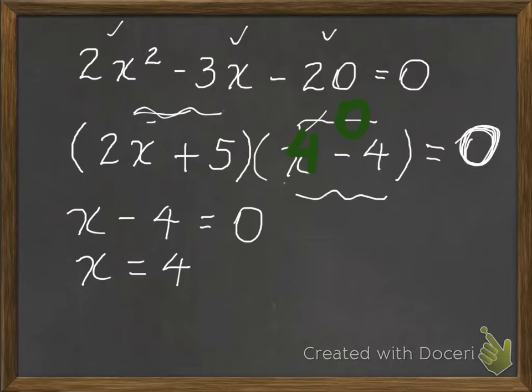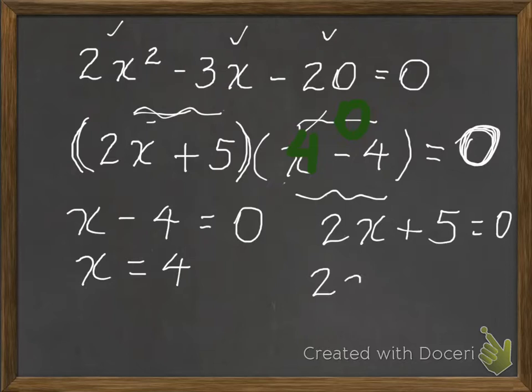But there's also what will make this factor 0. So when we solve for x, take 5 away from both sides, we get 2x equals minus 5, and divide both sides by 2, we get x equals minus 5 over 2.